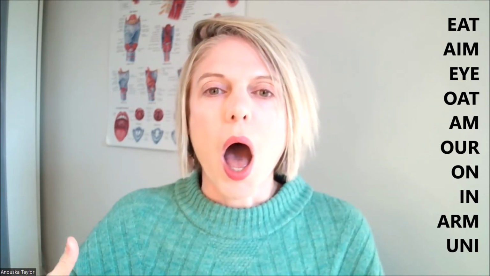So the first word is eat, but we're going to approach it as if it's got a sort of silent H on the front. So it's going to be eat. Eat. So there's a softness into that, versus eat. So we're not grabbing into it. So that's the first one.